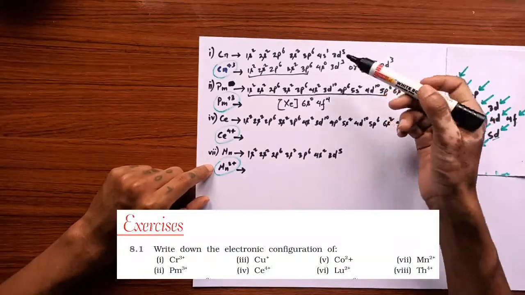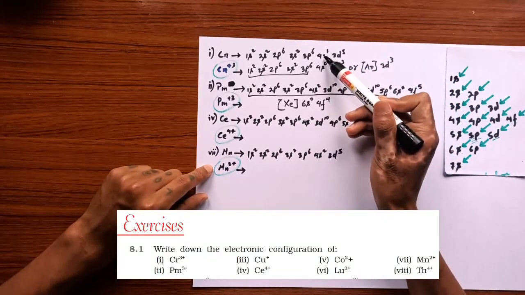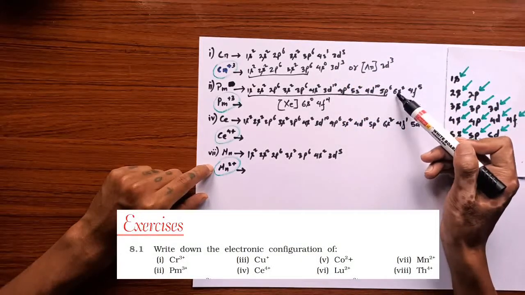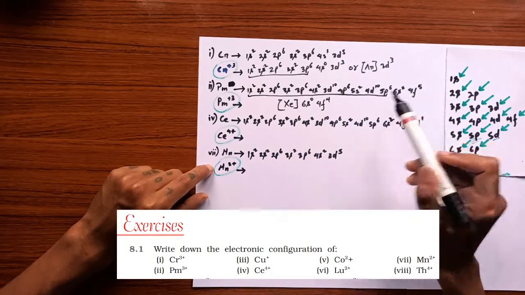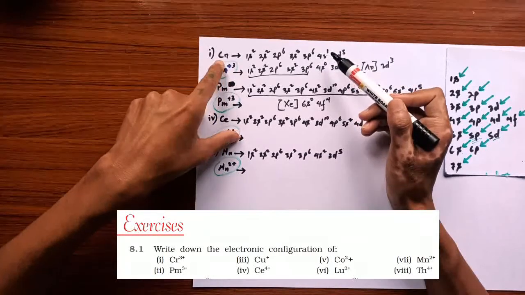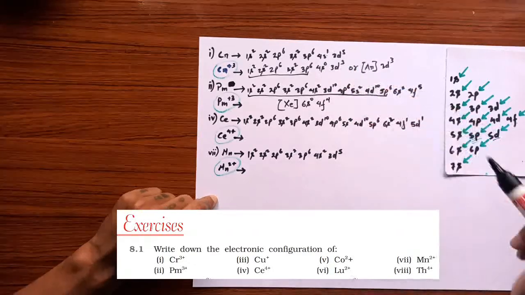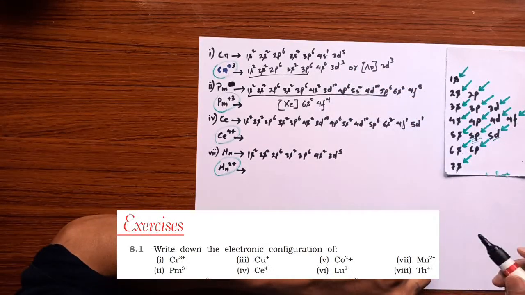Just note that I've been removing the electrons from the 4s in this case, and from the 6s electrons here. The reason I'm removing the electrons from the s first in the case of chromium is because 4 is the outermost shell. So you always want to start removing the electrons from the outermost shell, basically the valence electrons.